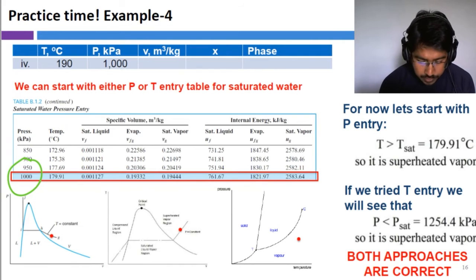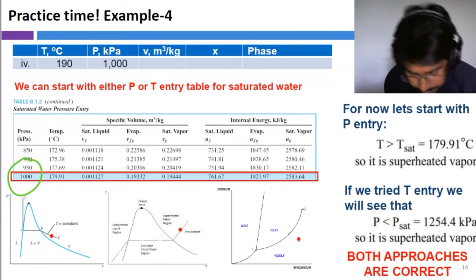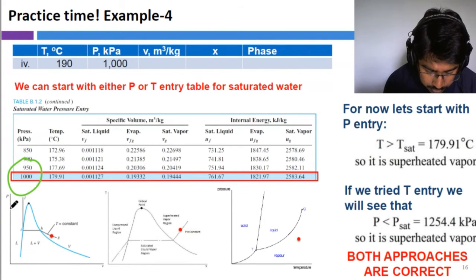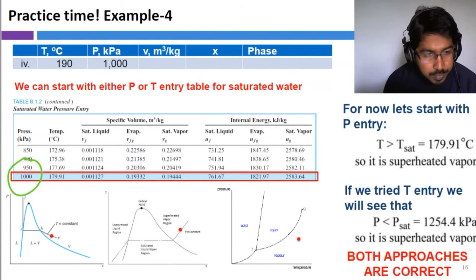So if we start with PV diagram, let's draw an isothermal line, right? We can start with PV diagram if we started with temperature entry.